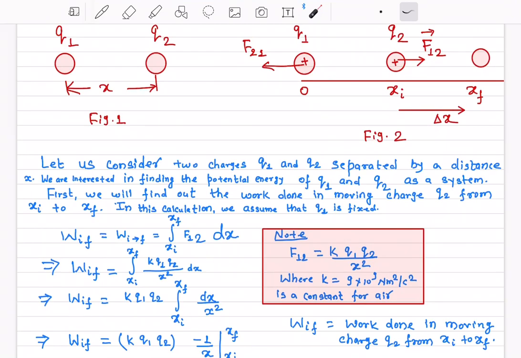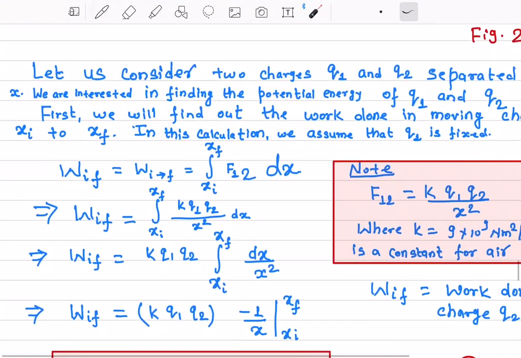Now let's find out the work done. The work done, as we remember, is the force times the dx vector. This is the dot product. Here we're going to calculate the total amount of work done.